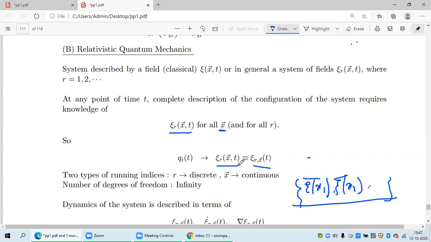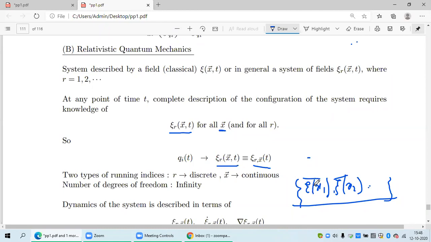If you know the form of dependence on x, you know how the field changes at different points, and that is the description of the field. But if you want to formulate it in terms of generalized coordinates, the different values of this function at different points should serve the role of generalized coordinates for this system.